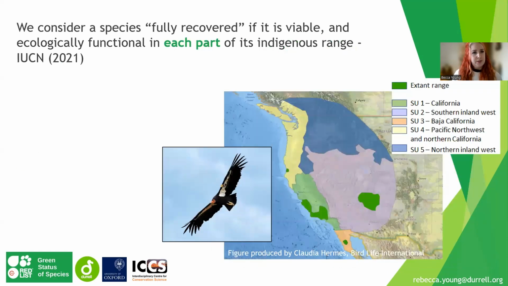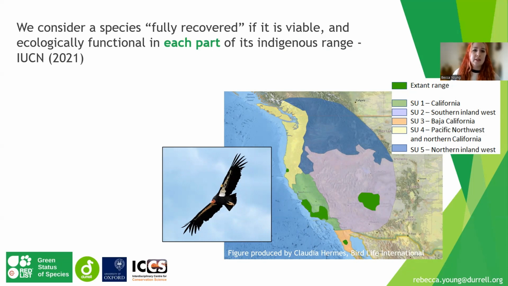So then the next thing we want to think about is, is it ecologically functional in each part of its indigenous range? And this is a really important aspect that differentiates the work that I'm doing with the Green Status from a lot of the comparisons with the Red List. Because we look at each part of the range, we have a spatially explicit way of measuring species recovery.